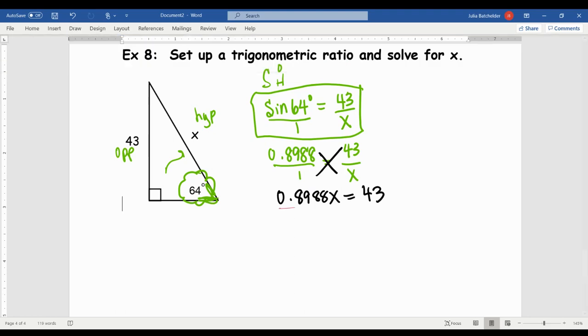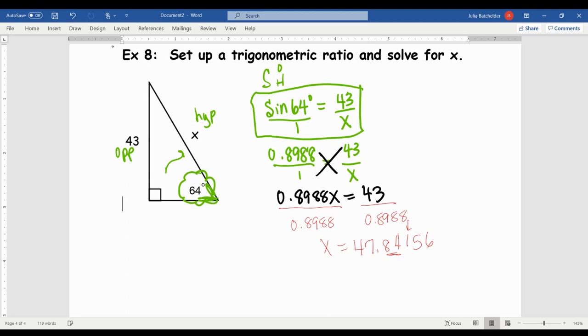And divide both sides by 0.8988. And we're going to get x is equal to 43 divided by 0.8988, which gives us 47.8415. 2 decimal places.